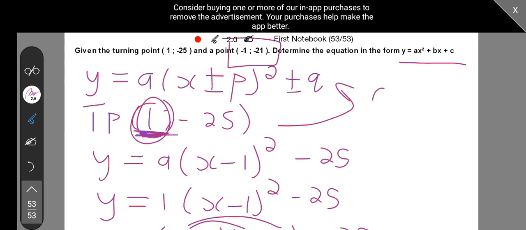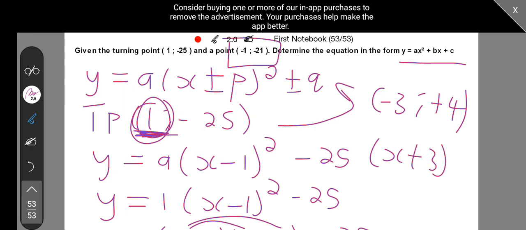Let's say here it was given as minus 3 and positive 4. We're going to write x plus 3, because the coordinate of the turning point is negative 3. Inside the brackets will be positive 3. But the value of q will be the same. We're just going to write positive 4 the way it is. It doesn't change.